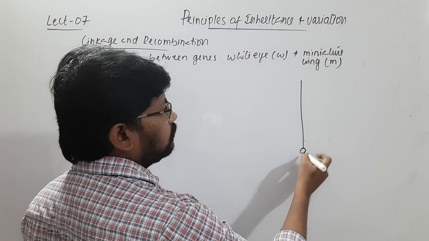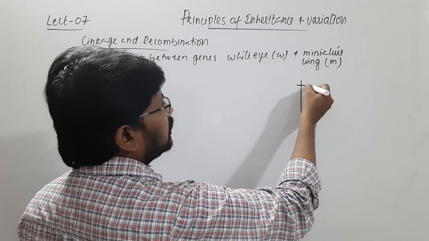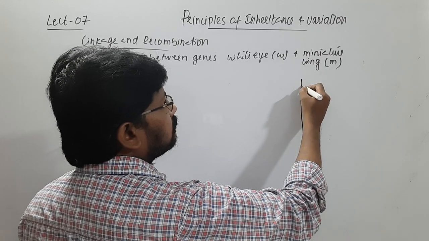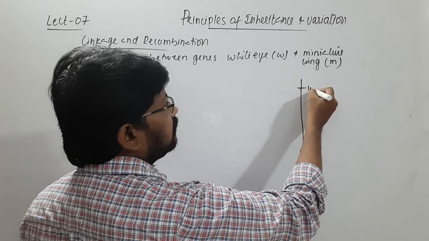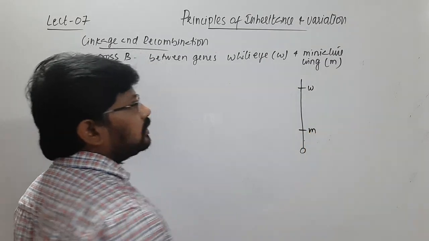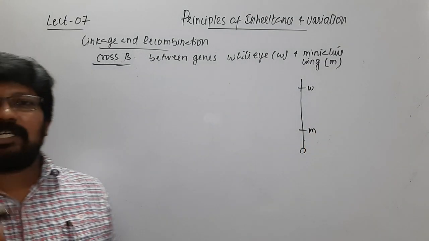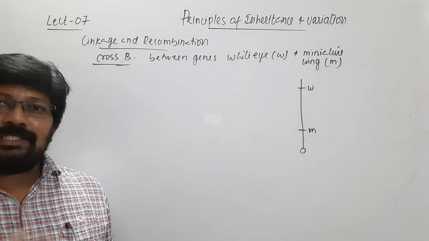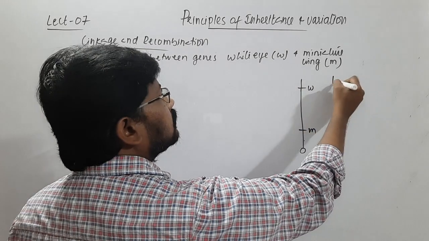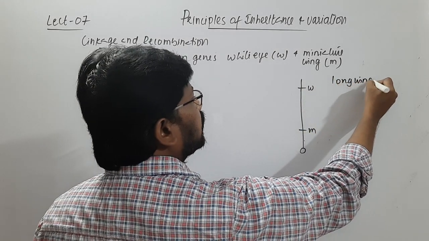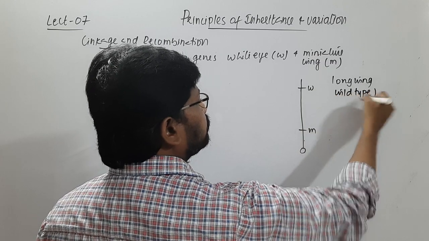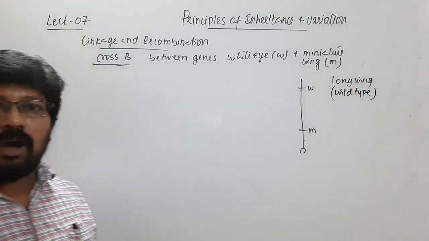So this is the X chromosome, and somewhere here is the gene for white eye. So this is W, and here is the gene for miniature wing. The long wing is the wild type, the normal one.